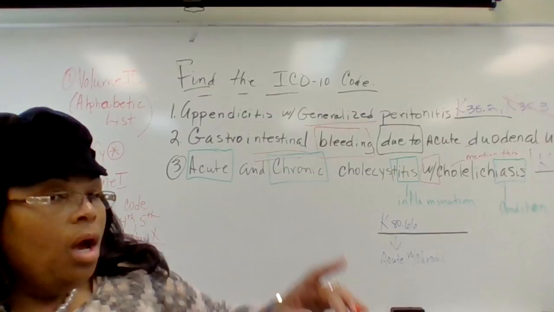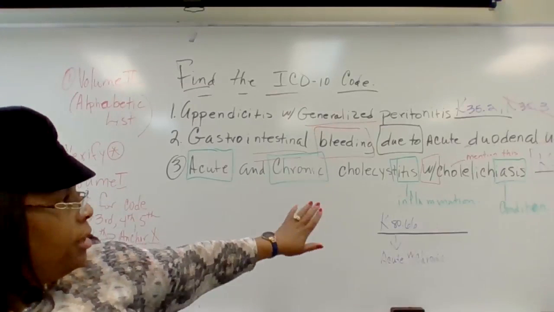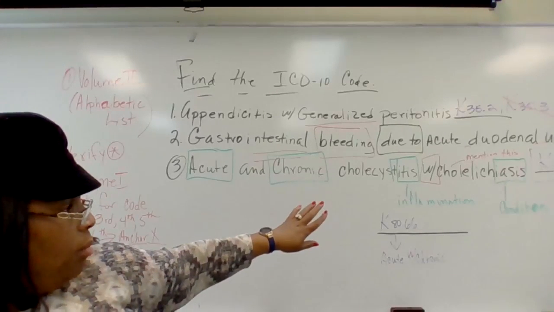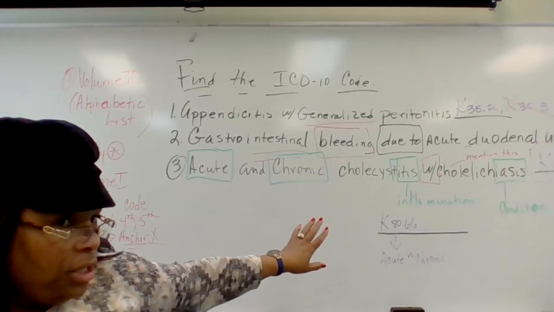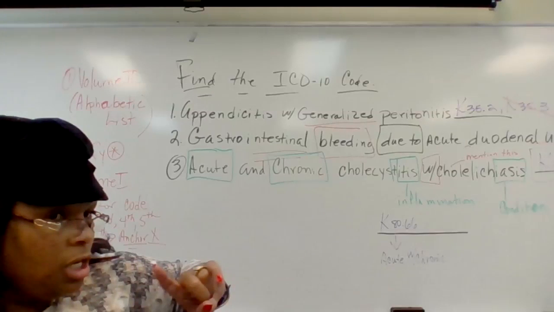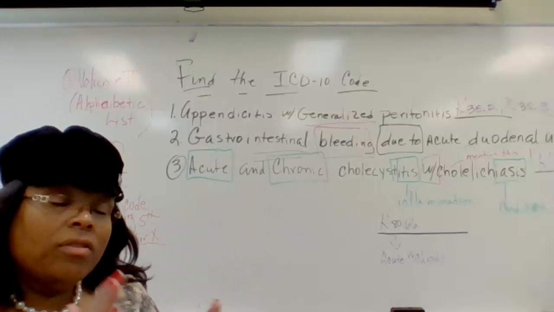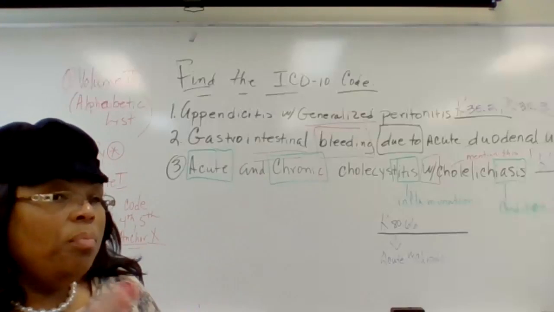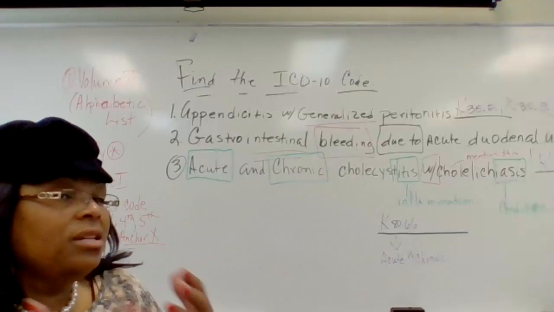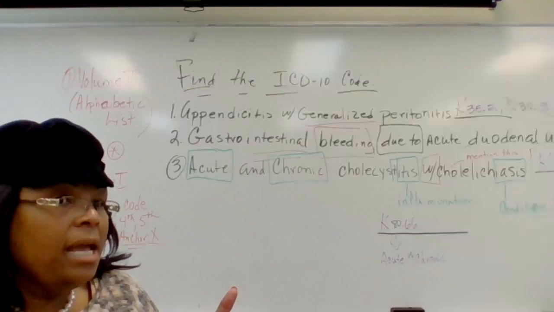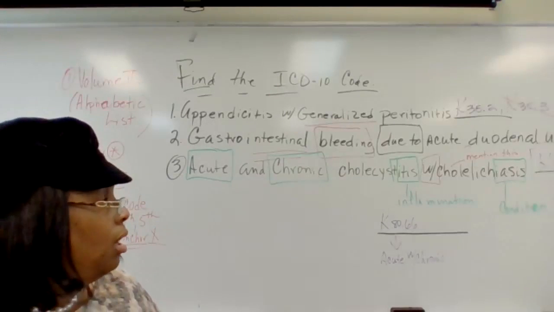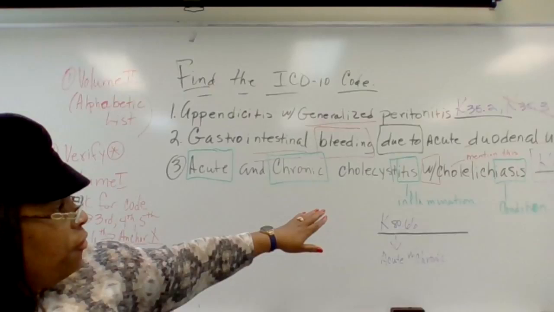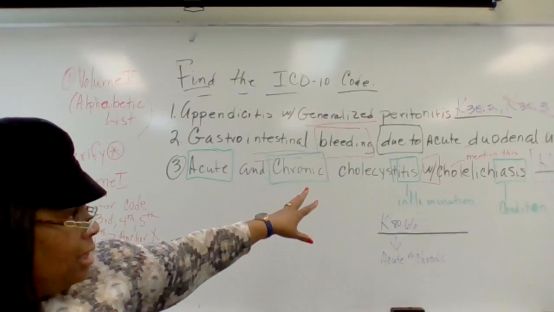Hold it right there. Normally, you would look up under inflammation, because that's the first thing you would look. Again, in coding, you have to kind of play with your words, but you have to start somewhere with the condition of the disease. It is an inflammation, so we went under inflammation to try to find cholecystitis.